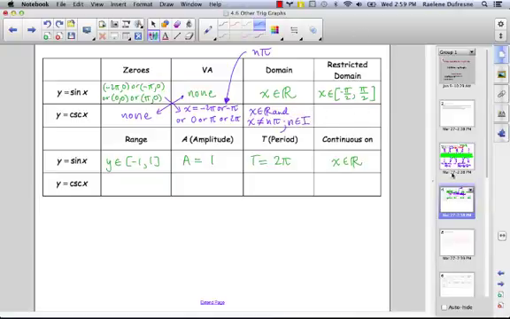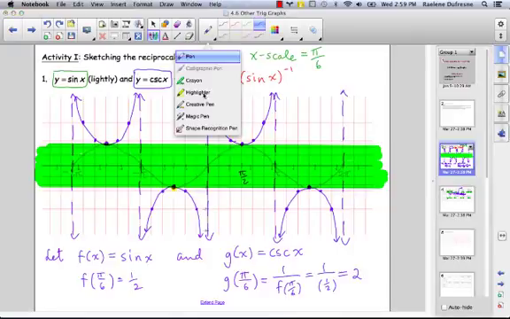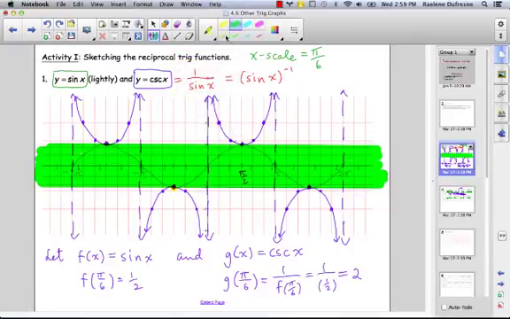The restricted domain is the subset of the domain of the cosecant function on which the function is 1 to 1. And it's not so difficult to see it's related to the restricted domain of the sine function. However, instead of going directly from negative pi by 2 to positive pi by 2, we know that we have a missing value in cosecant's domain at x equal to 0.